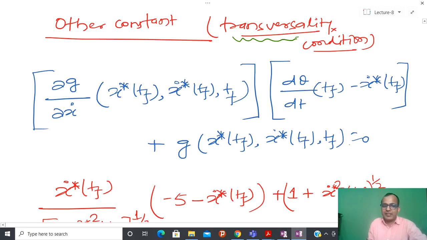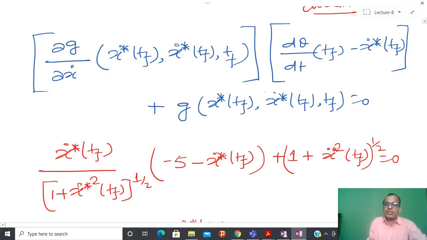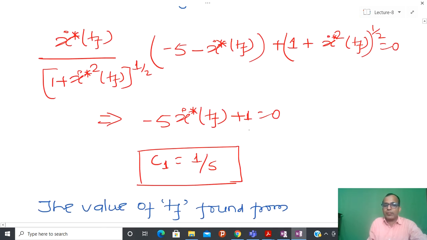So little practice is required here, because you have to understand which kind of partial differential equation we have to solve in which particular condition. If you understood this, then things are pretty easy, because you know what G is, and you know theta, and if you substitute everything, then finally you get this kind of expression.